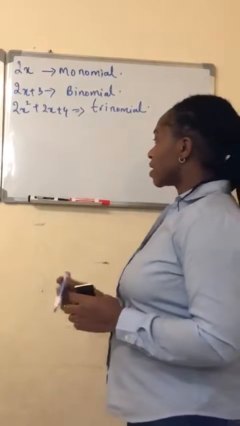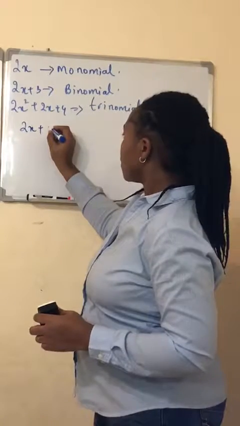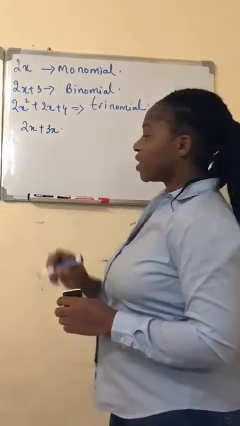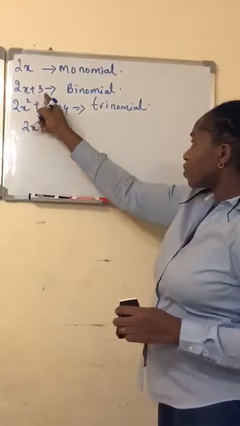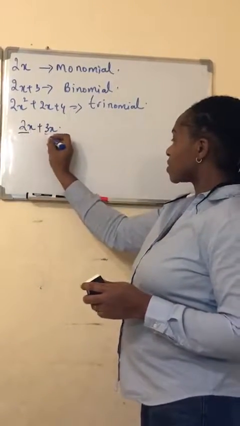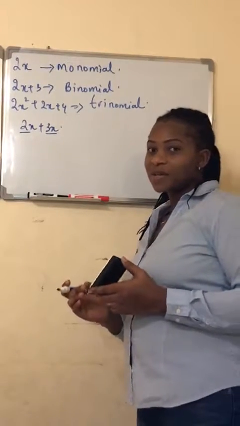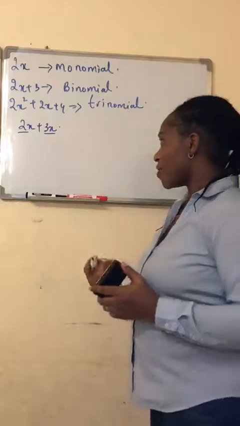Now, I would like to ask, if I write 2x plus, let's say 3x, because I said when we have two terms, we refer to them as binomials. So if I write 2x plus 3x, is it going to be a binomial? Just a few seconds to answer. Yes? Alright.